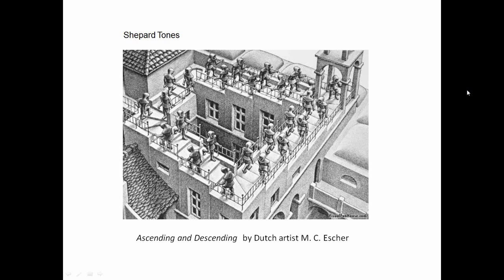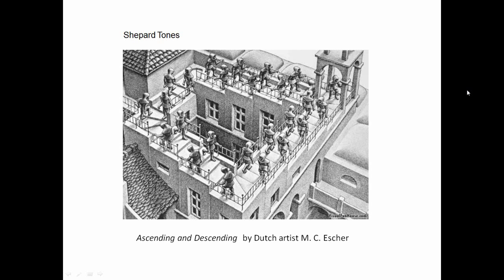So it looks like those men that are going in a clockwise direction are continually ascending this staircase. They're always going upwards. And the men that are going counterclockwise, it looks like they're always stepping downward. Well, Escher was really good at his drawings and he could create this sort of optical illusion, and made a series of famous prints.